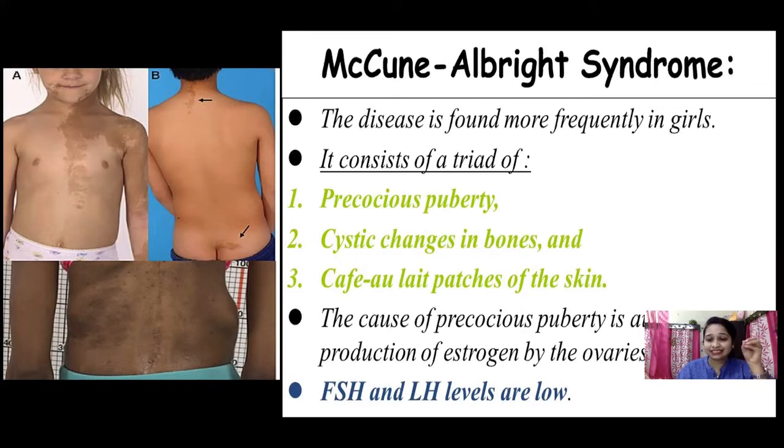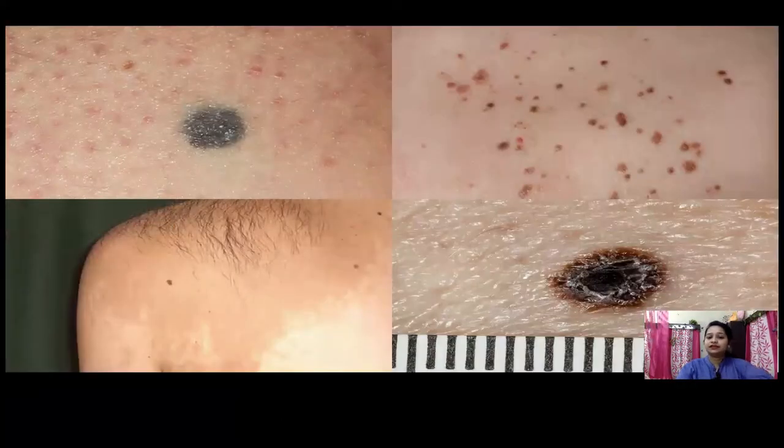This is the picture for McCune-Albright syndrome, and mainly it is more prevalent in girls because the ovary is producing extra estrogen.